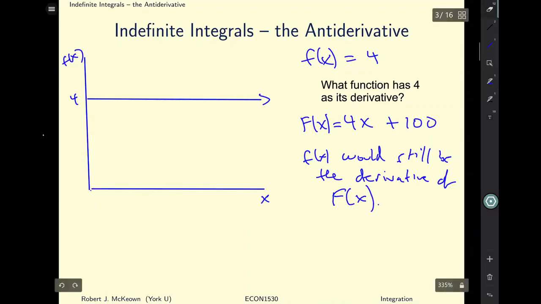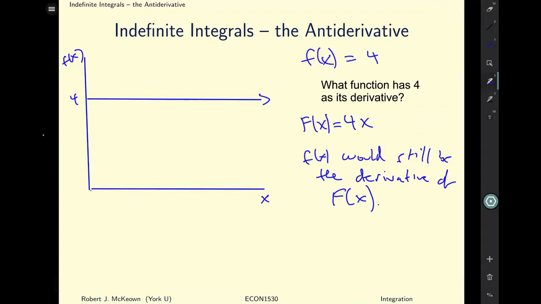So I don't know what this constant term is. If I made it 50, it would still be true. If I made it negative 1,000, it's still going to be true. All right, we'll come back to that a little bit later when we formalize things.